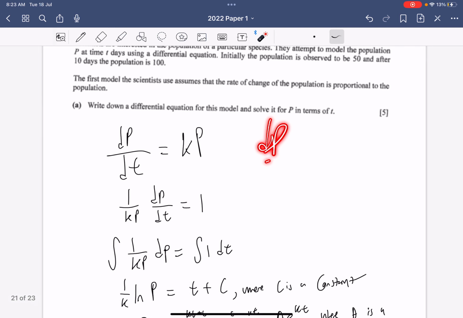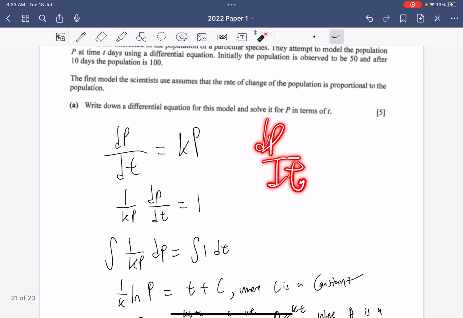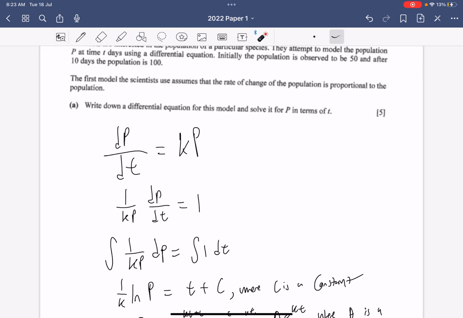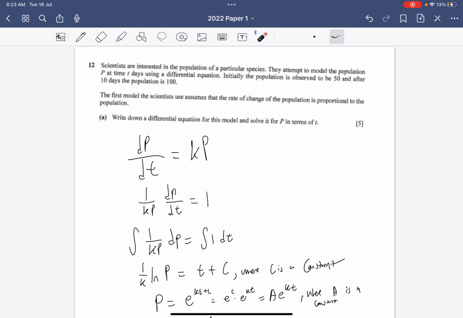So it means dP/dt, which is the rate of change, must equal some constant times P. So the way to solve this now is you divide over and you get this, and then you integrate it with respect to t. When integrating with respect to t, these dt's will somewhat cancel out, and then you get dP.